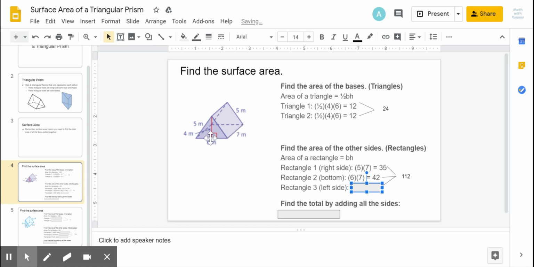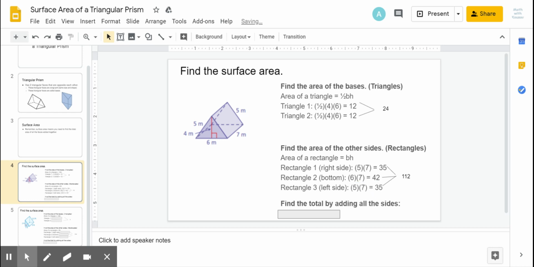Whatever this is, then this has to be. So it'll be 7, and then the height of this rectangle, or the slant, is the same as the slant here. If this is 5, that means this is 5, which means this also is 5. So your dimensions for the last rectangle are 5 and 7, which will get you 35 again.